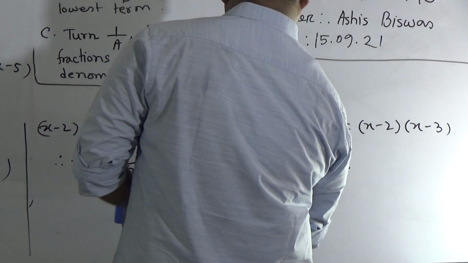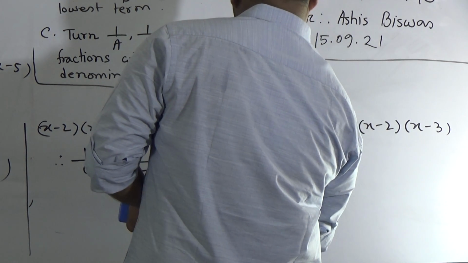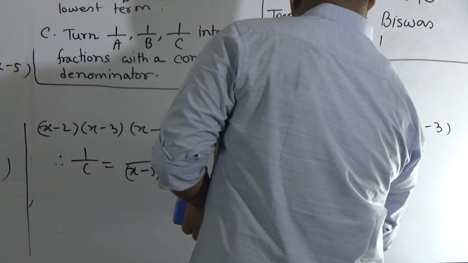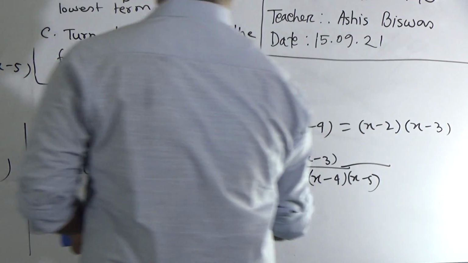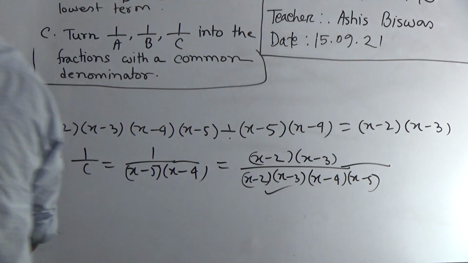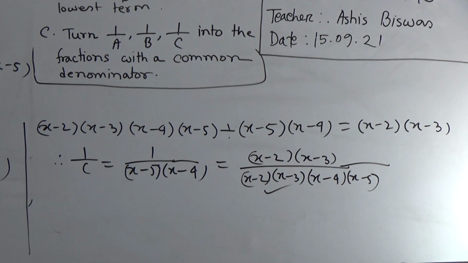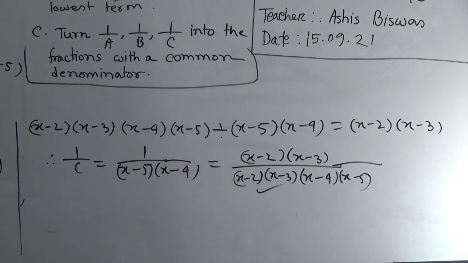When we multiply, then we get x minus 2, x minus 3 over x minus 2, x minus 3, x minus 4, x minus 5. So these three are fractions with common denominator. Notice the three denominators are same. This is the answer of question number C. No need to write the answer separately.